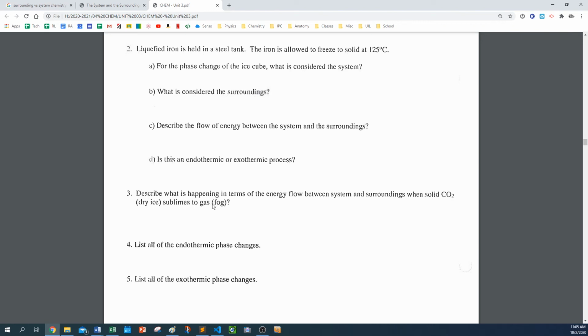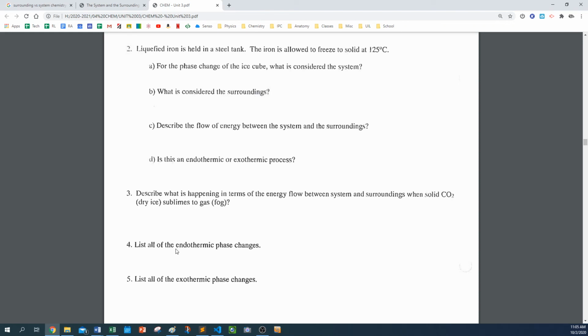It's undergoing a phase change. So is energy going into the CO2 or leaving the CO2 when it sublimes? In order for it to go from solid to gas, it has to be heating up, right? So energy has to be going into it, right?